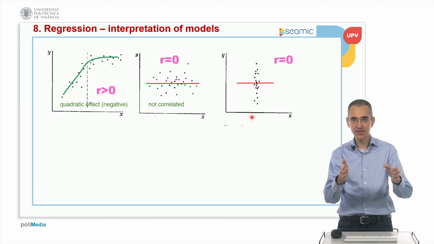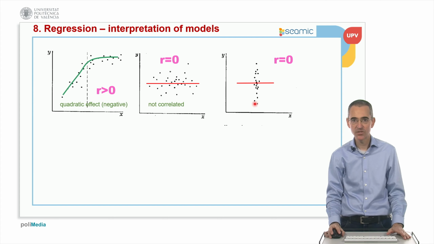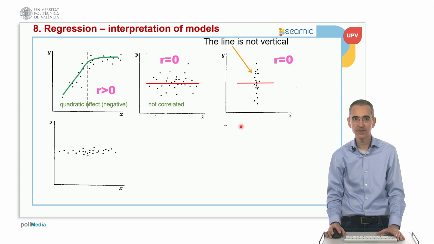Because if we just take the range of variability on the x, and we magnify that, this situation will become this situation. So actually we can see that when the x increases, there is no trend to increase nor decrease. And this is another example of variables with no correlation.